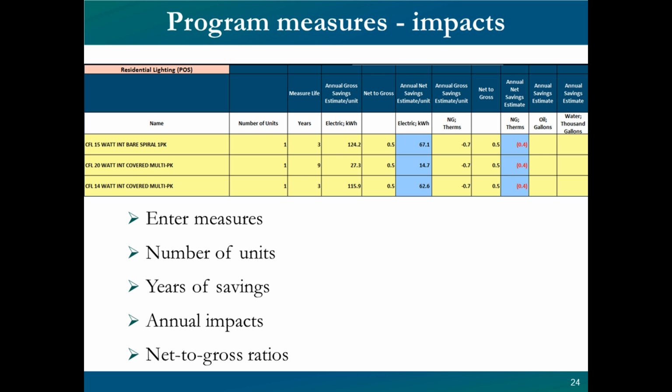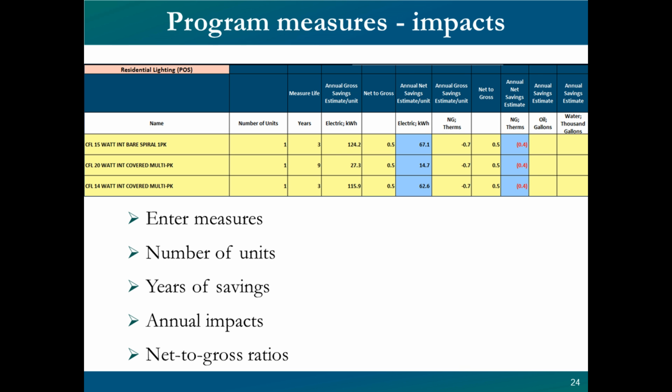And so this shows an example for a lighting program. Up to 10 measures. Here we're showing 3. And you can do this either by, as we've done here, just having 1 unit per measure installed.